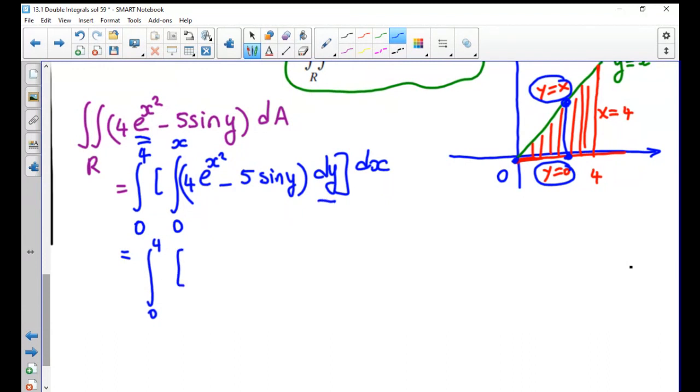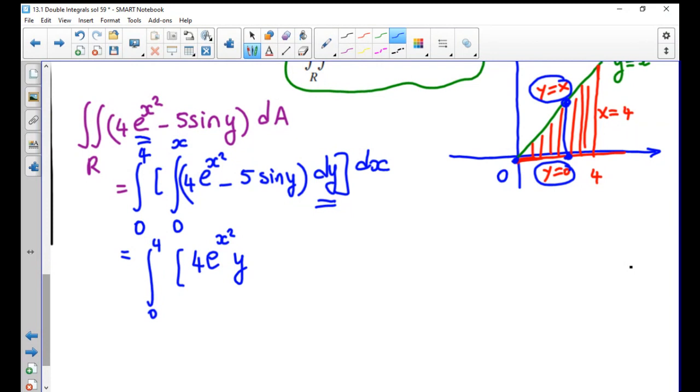Now I need to integrate with respect to y. What is 4e^(x squared) with respect to y? It's a constant, so multiply it by y.